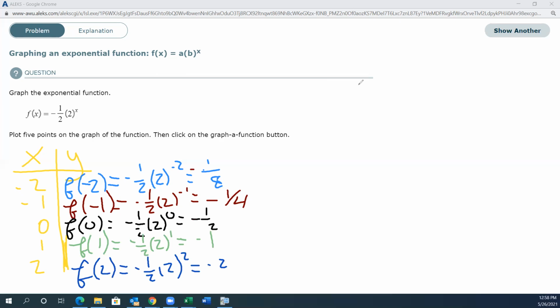Well, the y values are all negative, but they're not very far away from the x-axis. So let's do something cool here. There's our x-axis. And let's draw a y-axis.